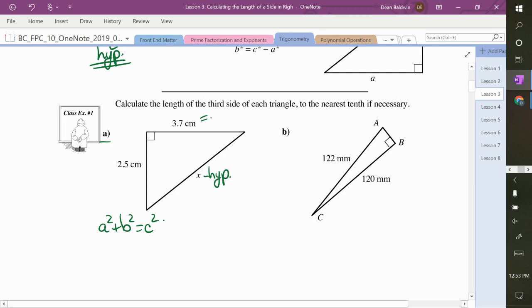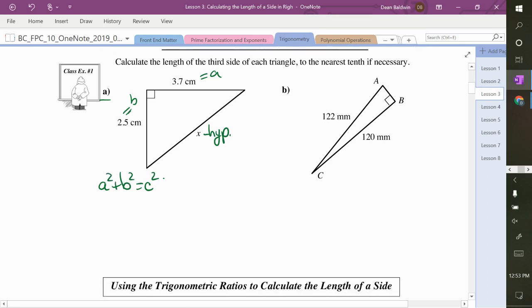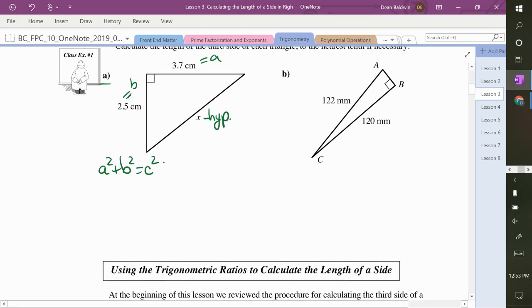And it doesn't matter what you call A and B, so I'll just say that's A and that's B. Plug it into the formula and solve. So we go 3.7 squared plus 2.5 squared is equal to X squared. I just put X in for C because that's the variable they use.